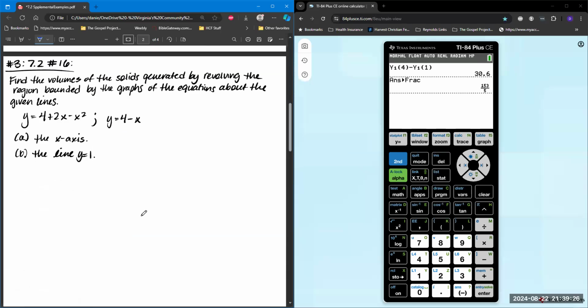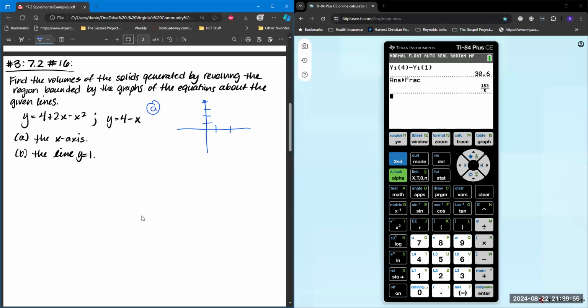Let's find the volumes of the solids generated by revolving the region bounded by the graphs of the equations of the given lines. So we have A, a y-intercept of 4, a vertex at negative b over 2a. It's going to be at x equals 2.